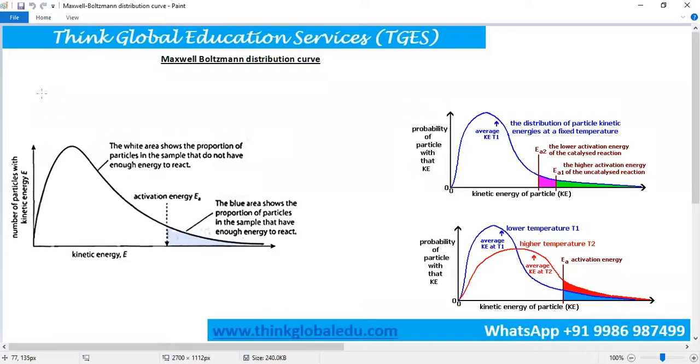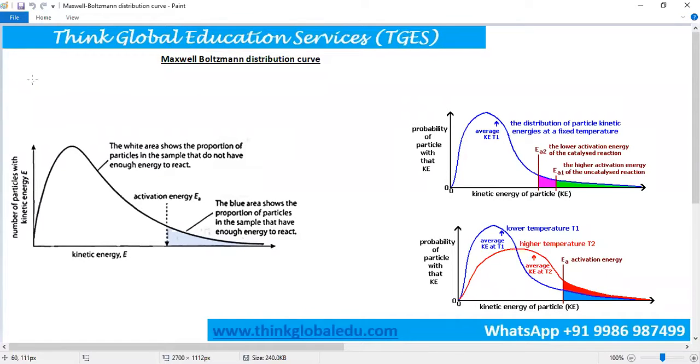While determining the rate of the reaction, the distribution of energy among the particles is of most concern. The distribution of energy is described by means of the Maxwell-Boltzmann distribution curve.